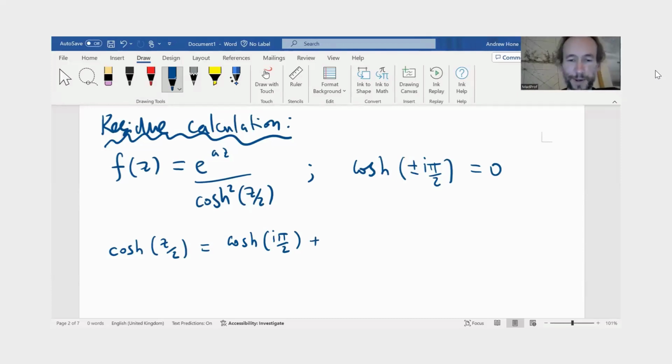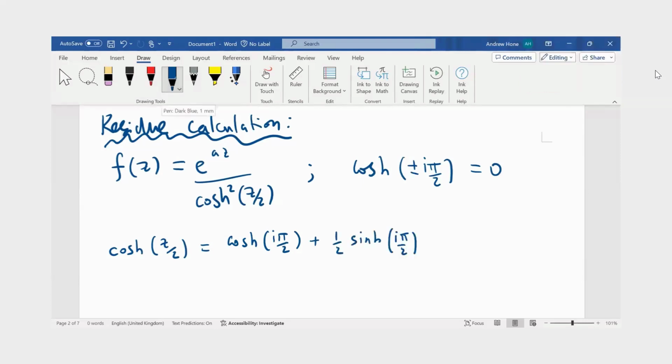So I'm just going to compute the Taylor expansion. We would have the derivative of cosh, which is sinh, and then a factor of half. So we get half, and then times z minus i pi.